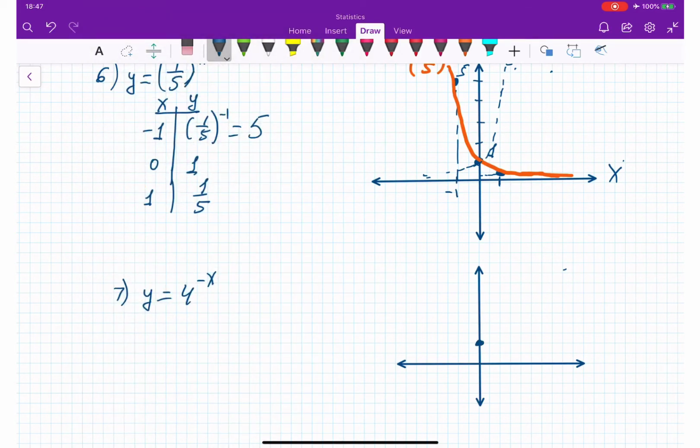Because x to power 0 is going to be 1. So what I'm going to do, 2 ways. Instead of now building a table, if you wanted just to sketch, show how it will look like. So you are showing 4 to power x, which is going to go like this.